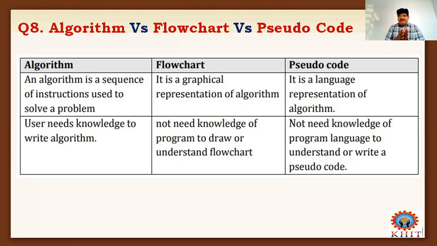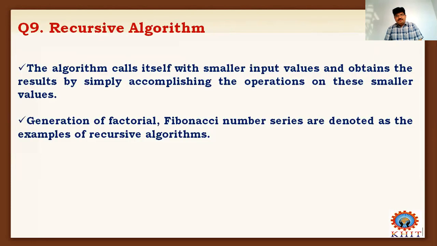It is just a language for representing an algorithm. Knowledge is required while preparing an algorithm. Knowledge is not required while preparing a flowchart, and knowledge is not required while preparing or writing pseudocode. So this is the difference among these three.